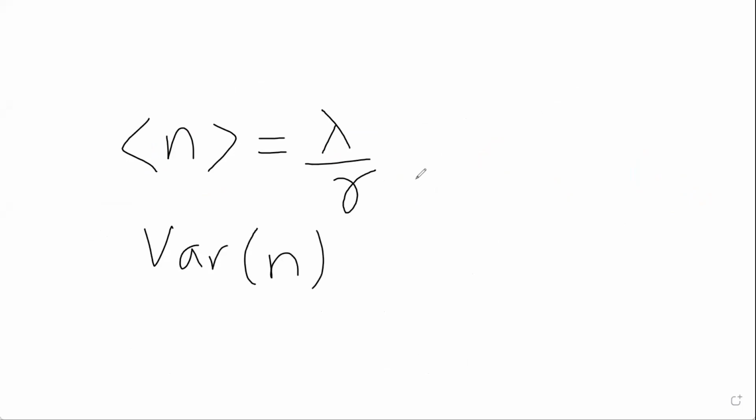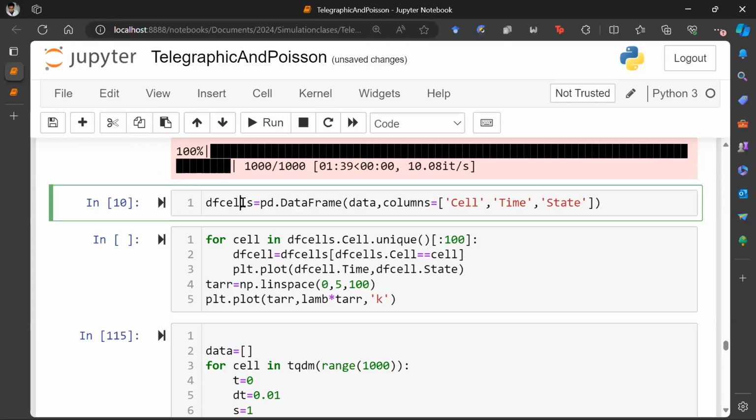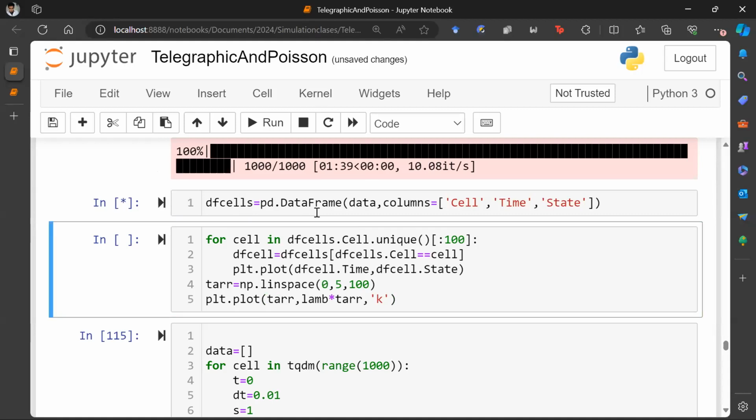For any Poisson process or birth-death process, the mean number is simply, in this case, the production rate over the degradation rate, and the variance, because it's a Poisson related process, is going to be equal to the mean. It's going to be equal to lambda over gamma. So we can compare this in a steady state.